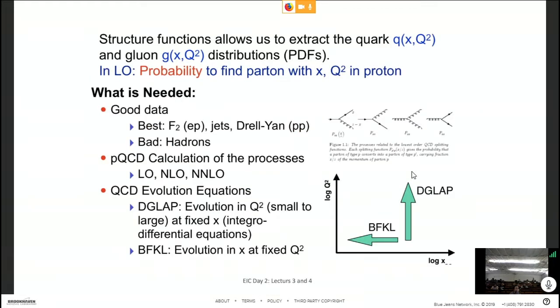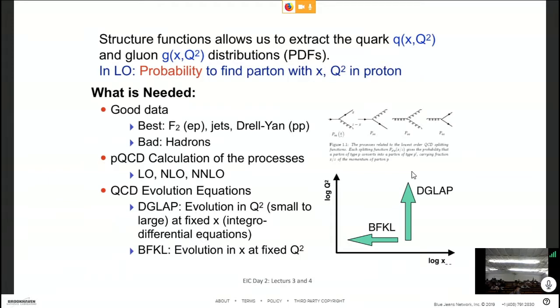And then you have to find data over a wide range in x and Q squared to find the best values of the F2 structure function, jets, Drell-Yan, try to incorporate all the theory we know for those, and do perturbative calculations at leading order, next to leading order, NNLO, and evolution equations that you probably have heard of, the DGLAP evolution that makes the evolution in the Q squared plane, and the BFKL equation that tells you how the x distributions happen.